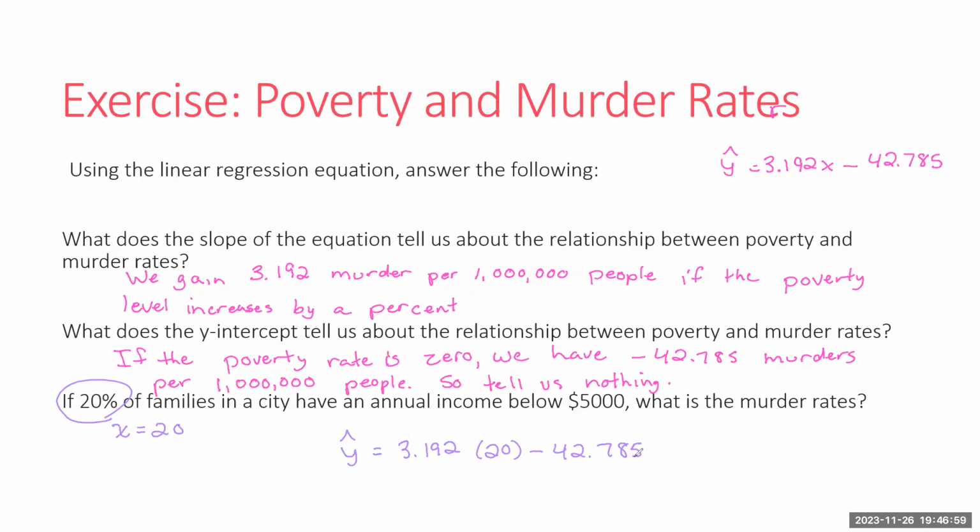So we end up with 3.192 times 20 minus 42.785. We're going to have approximately 21.055 murders per million people.